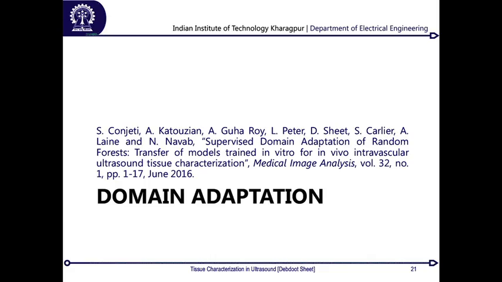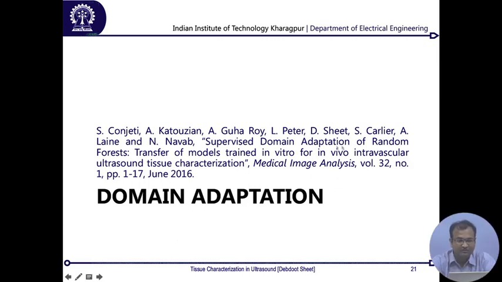Now from here I come to the significant point that we needed to domain adapt this whole thing, and the major problem was because this has to go for in vivo instead of in vitro where it was trained.